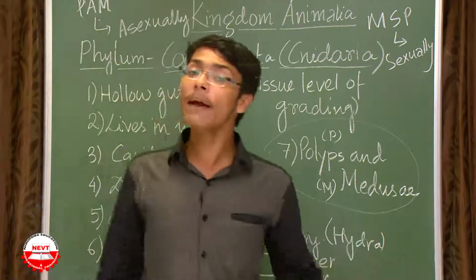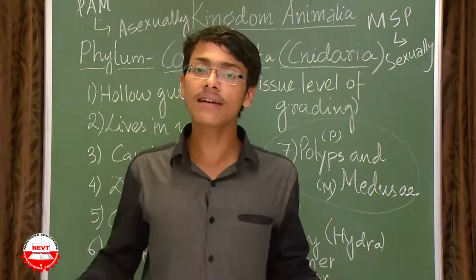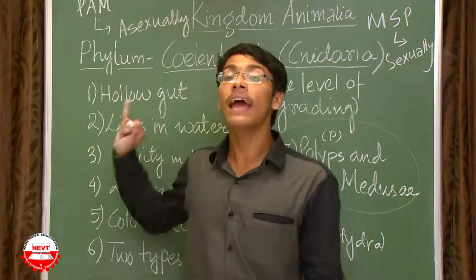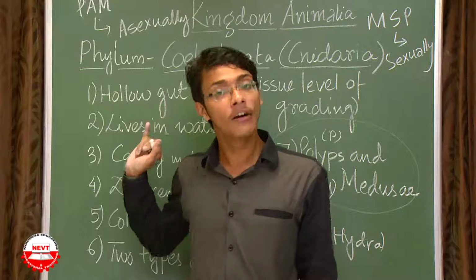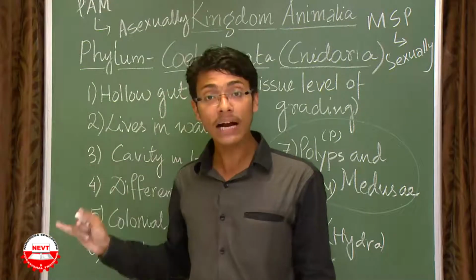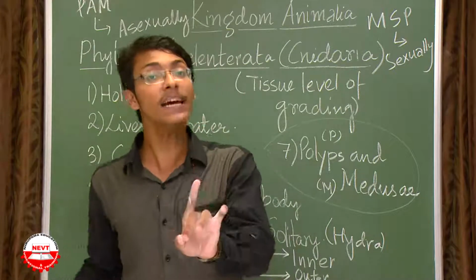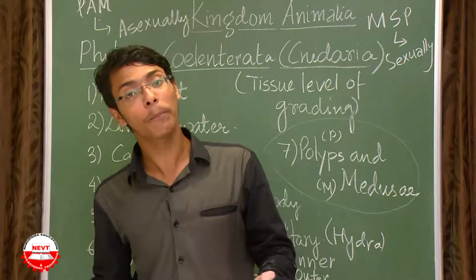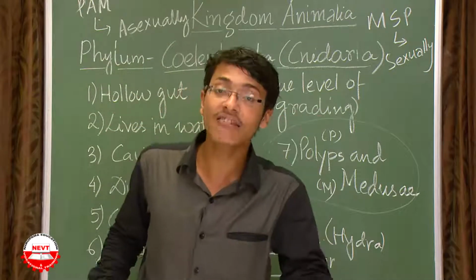So let us recapitulate the various characteristics of the phylum Coelenterata or Cnidaria. The first is they have a tissue level of organization. The second point is they have a hollow gut. That means they have a single opening for taking in the food and the same opening for excreting it out.